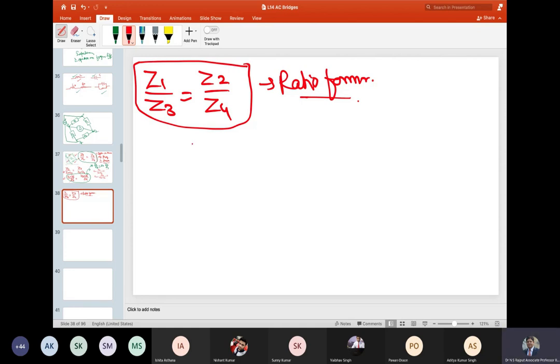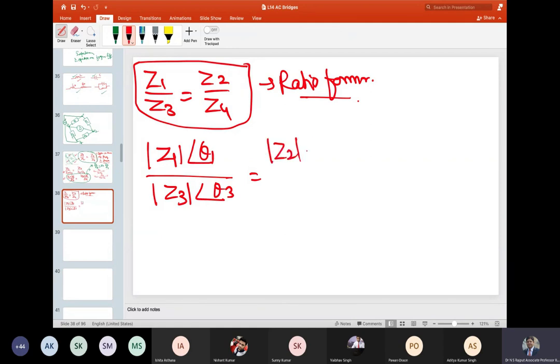So of course, this is magnitude Z1 angle theta1 divided by magnitude Z3 angle theta3 is equal to magnitude Z2 angle theta2 divided by magnitude Z4 angle theta4, right?